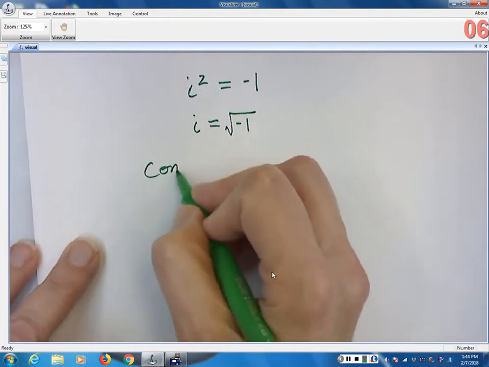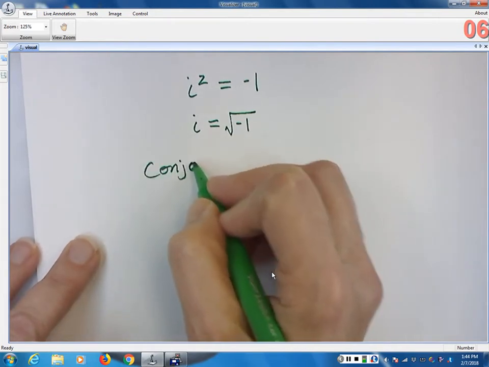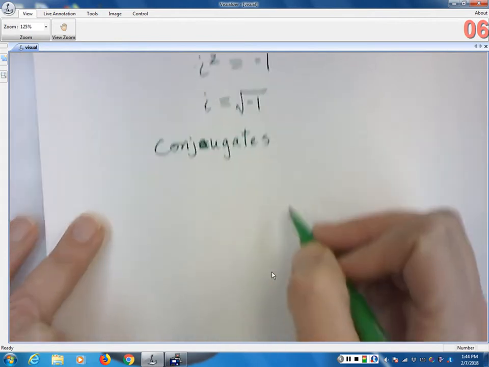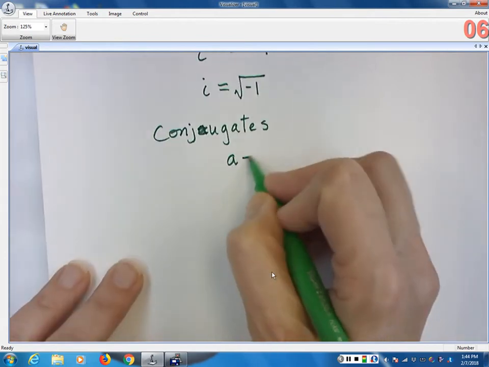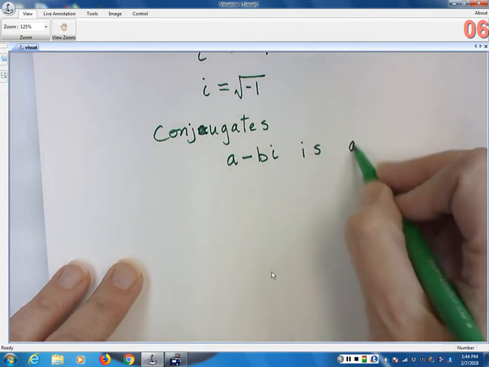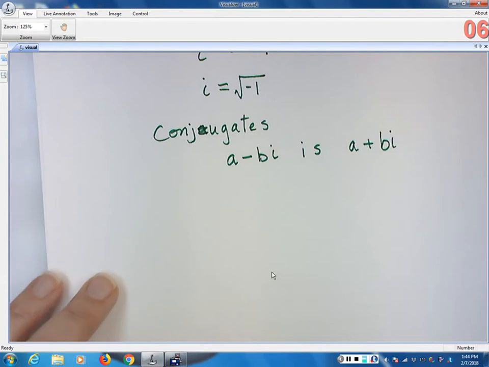And conjugates: the complex conjugate of a minus bi is a plus bi. If it's on the bottom, you multiply it by top and bottom.